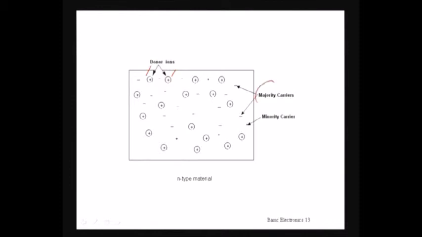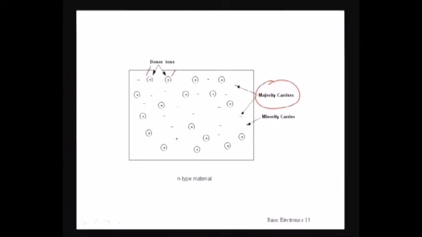These are called majority carriers. So in an N-type material, the majority carriers are electrons, but there will also be, in smaller numbers, minority carriers, which are holes. These holes come from the intrinsic material. So in an N-type material, altogether we will see majority carriers as electrons, minority carriers as holes, and immobile positively charged donor ions. This is the structure of an N-type material.